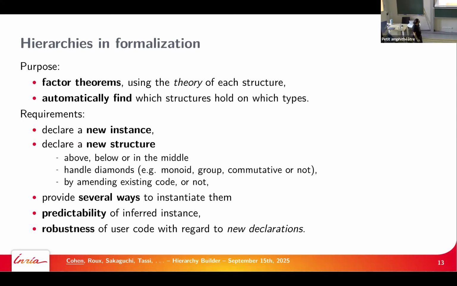And finally, you wish to have robustness to a new declaration. When you add something new, you don't want to be reformatting everything, especially if it's in the middle of your hierarchy of structures.